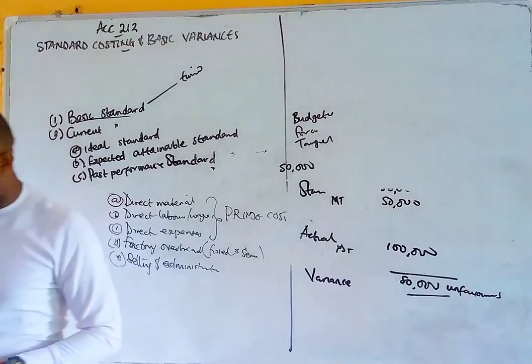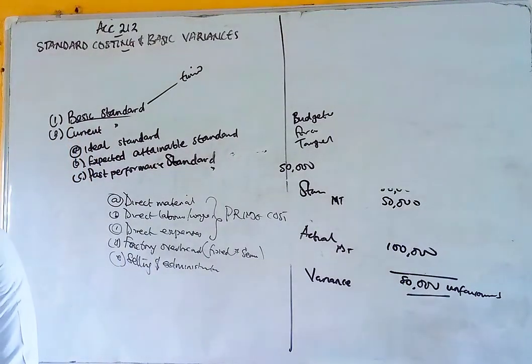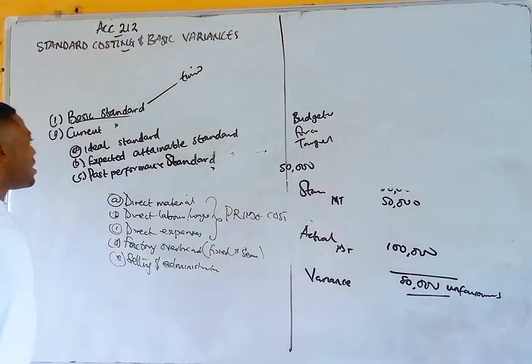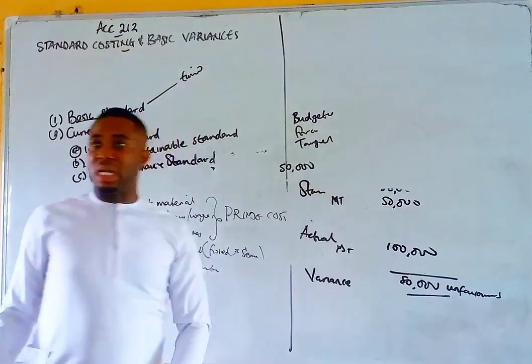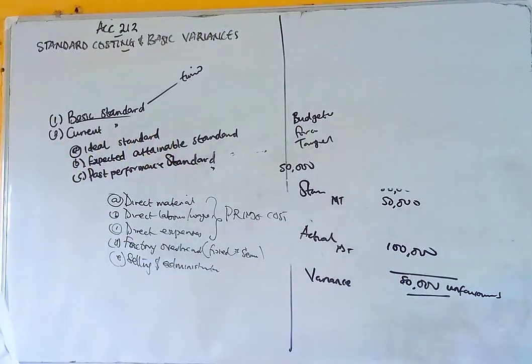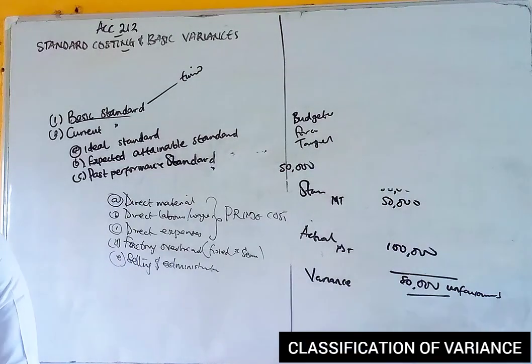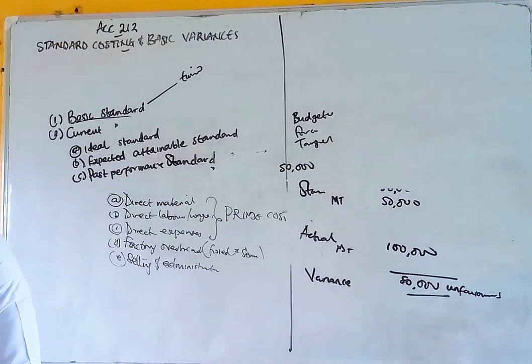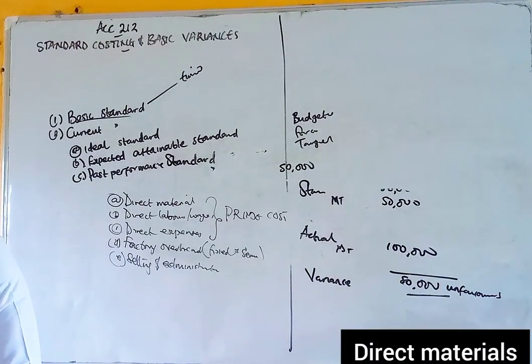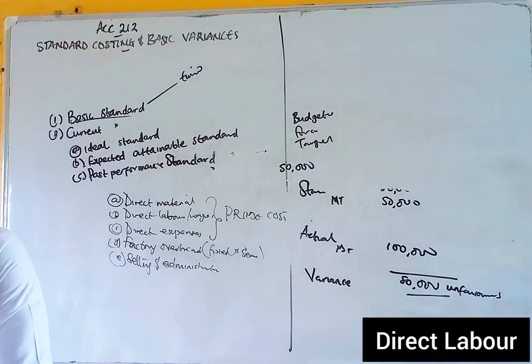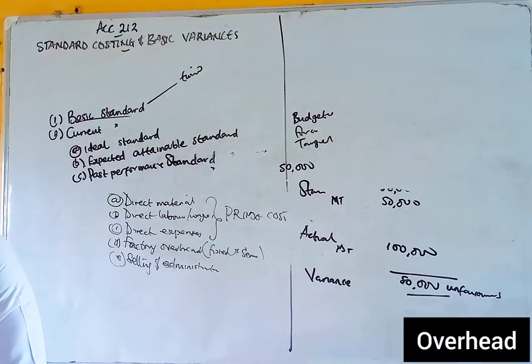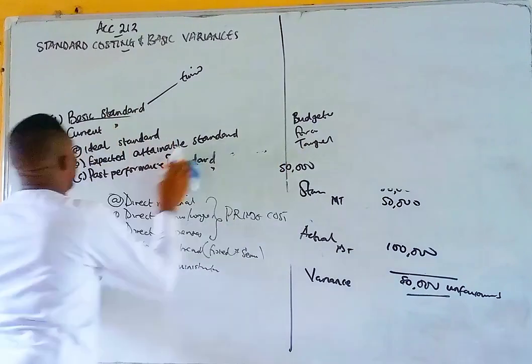So the variance is basically the difference between the standard and the actual. Alright. Classification of variance. This can be classified according to the elements of cost, which are direct material, direct labor, and overhead cost.